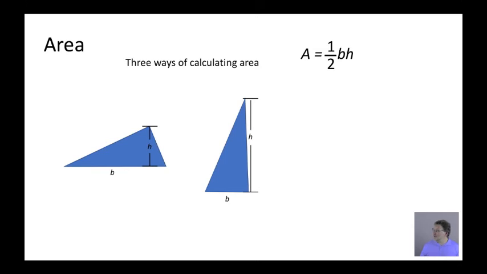And then lastly, we rotate it clockwise again, so now it's sitting on that third side. We have a different base and a different height again altogether. But once again, it doesn't matter which base and height you choose. In other words, which side you have the triangle sitting on when you assign a base and a height. You'll get the same answer regardless.